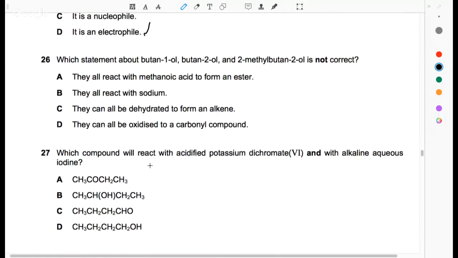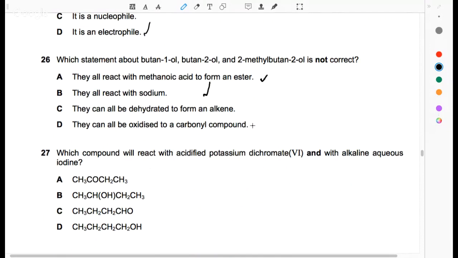Question 6. Which statement about the compound is not correct? That's correct. That's correct. I do not know.